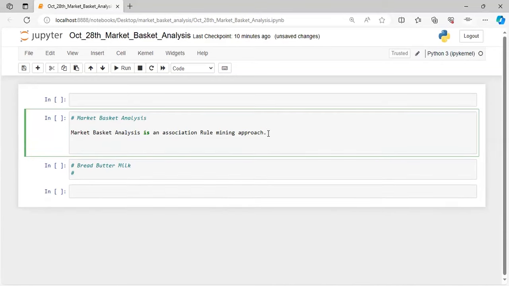So market basket analysis, basically it's an association rule mining approach, and this association rule learning is basically a rule based machine learning concept. So association rule learning, basically some kind of rule is there.